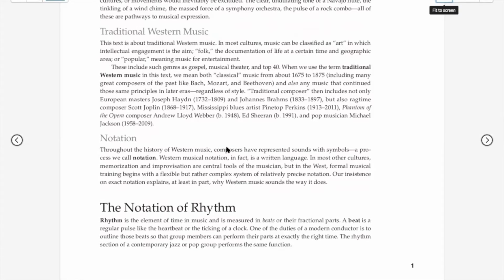And one of the big things about the Western tradition is we've had a way to write it down and communicate it to other people on paper. So that's why we have a nice, rich, long centuries history of Western music.